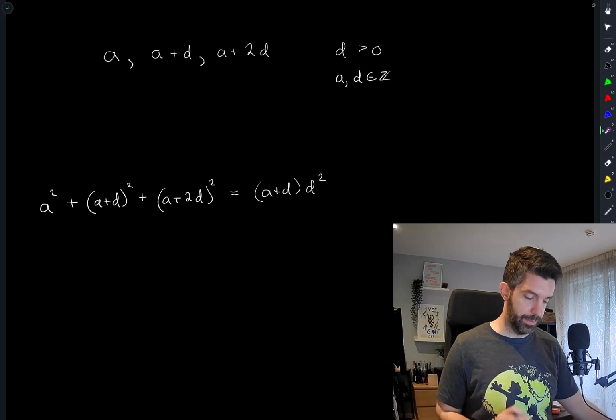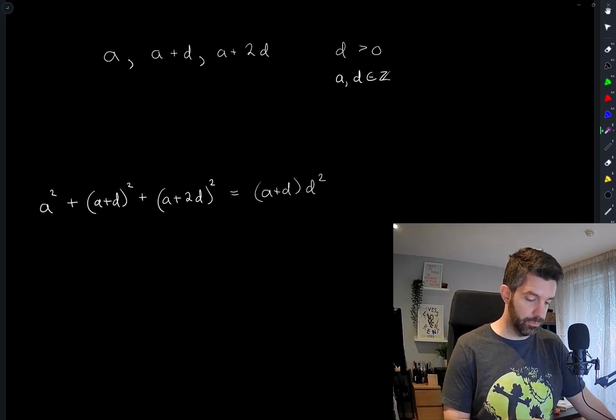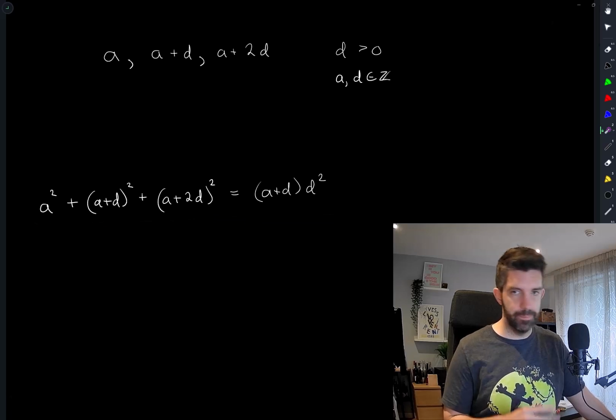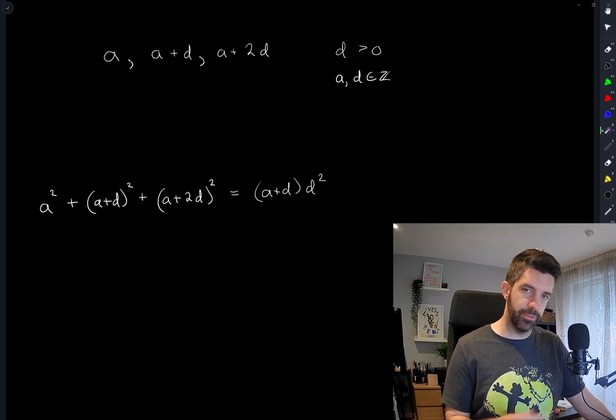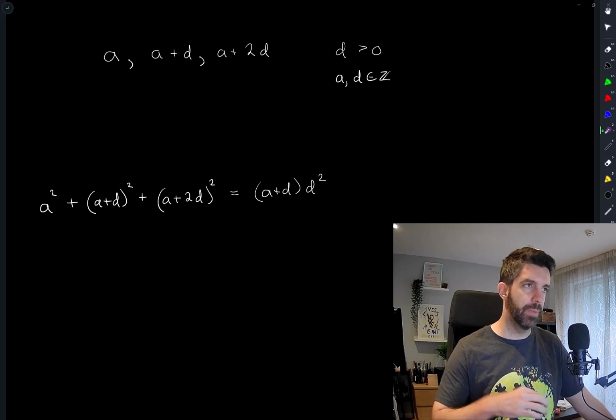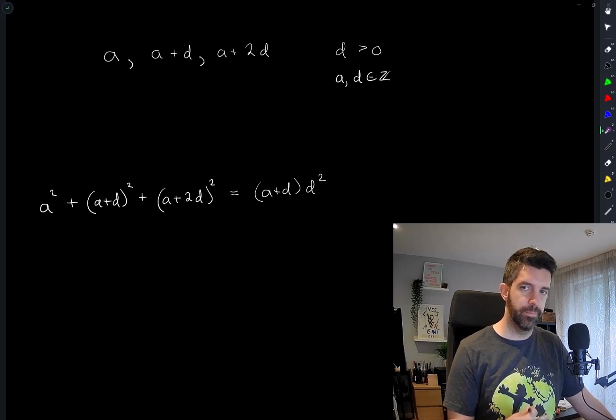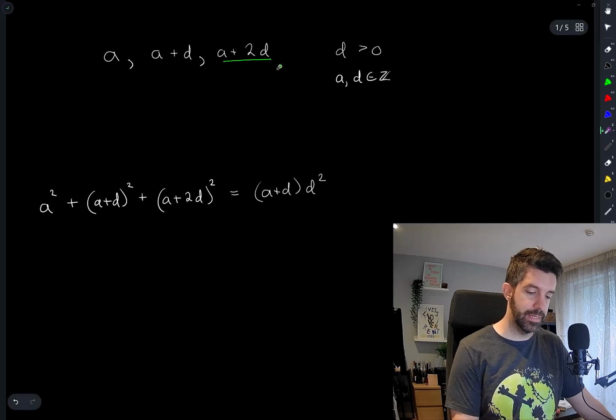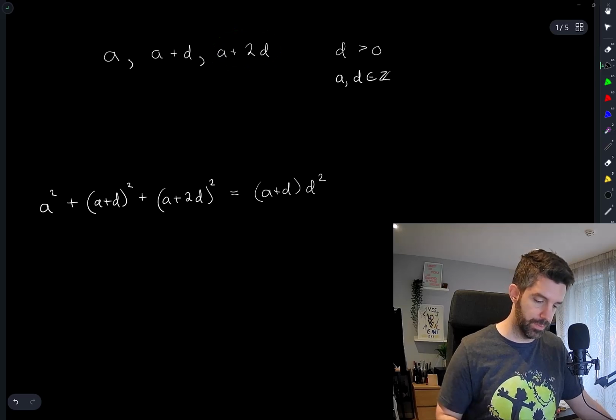I'm assuming at this point that we will be able to solve for all possible values of a and d in this relation, but maybe something special is going on. Maybe we aren't actually able to solve for a and d in each case, but we can solve for these third terms. I doubt that's going to be the case.